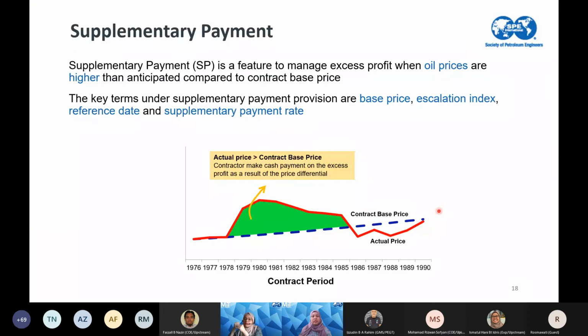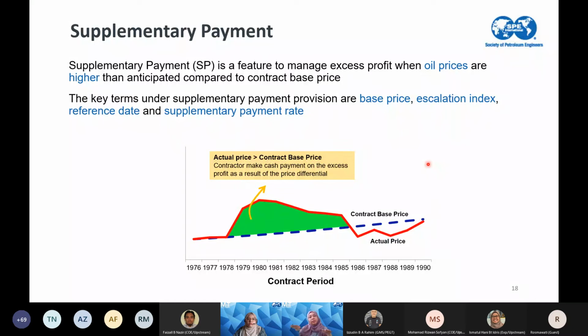Now, the question is, how do we manage this? In some fiscal regimes, this is handled through WPT, windfall profit tax, like in the North Sea. I think Norway might have it, but there are measures in place so that when oil price hits above a certain limit, additional tax kicks in. In Malaysian PSC and other PSCs, I think Brunei has something similar as well, there's this concept of supplementary payment.